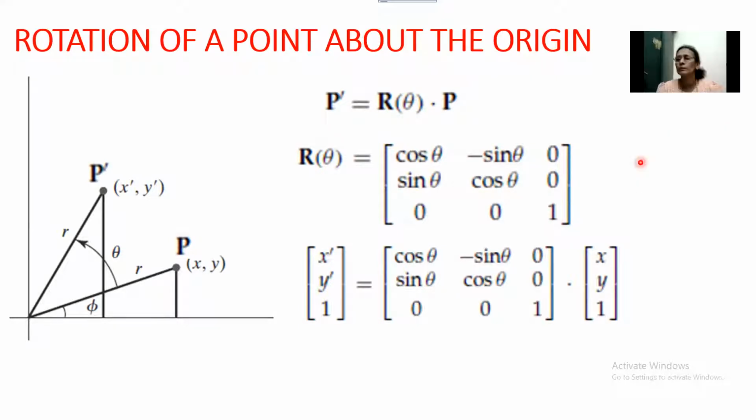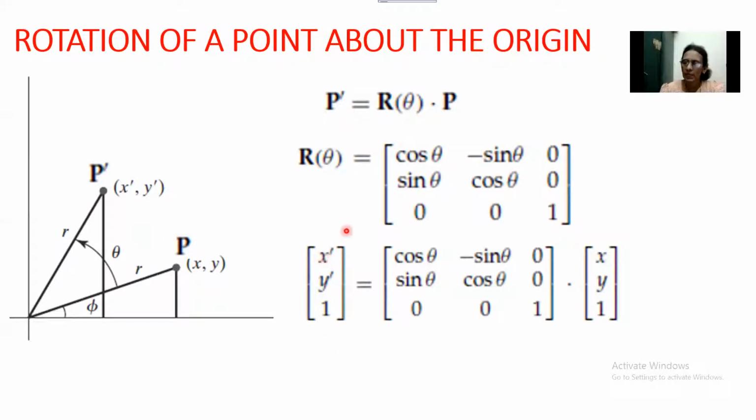And the point P can be represented by the column vector x, y, 1. Then the point P dash can be represented by x dash, y dash, 1. The rotated point can be obtained by the multiplication of R theta and P. That is, cos theta, minus sin theta, 0; sin theta, cos theta, 0; 0, 0, 1 multiplied by x, y, 1 gives us x dash, y dash, 1.